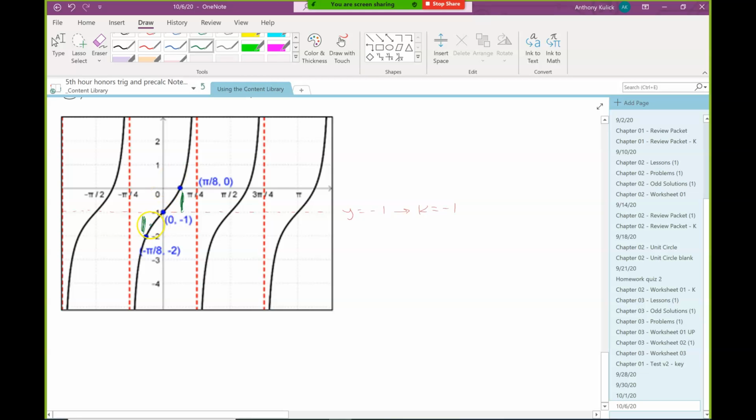So that distance between the midline point to that next point up there is my amplitude. Is everybody okay with how I came up with that?